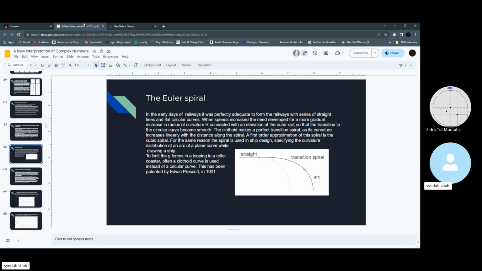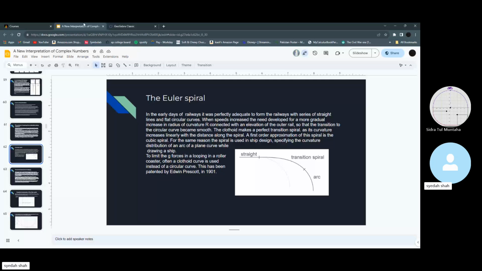So, and for the same reason, the spiral is used in ship design, specifying the curvature distribution of an arc of a plane curve while drawing a ship. To limit the g forces in a looping in a roller coaster, often a clothoid curve is used instead of a circular curve.